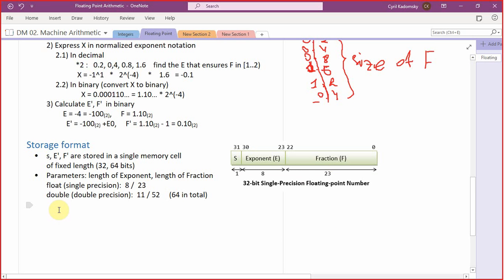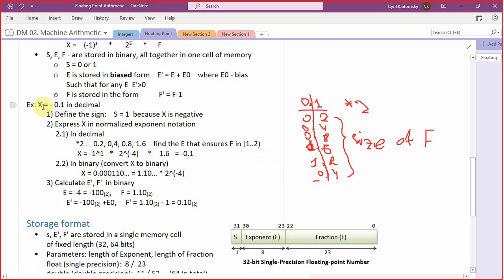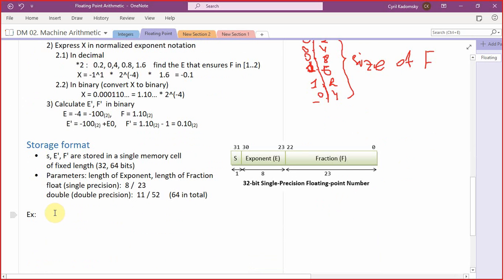So we may have the ending of our example. X is equal to minus 0.1.